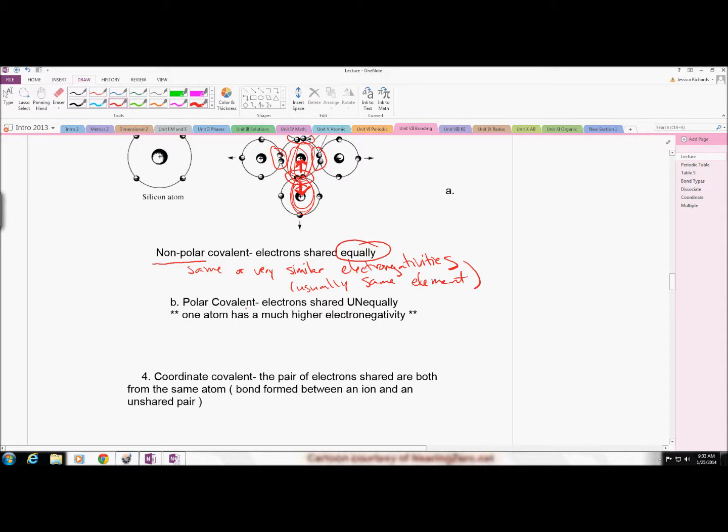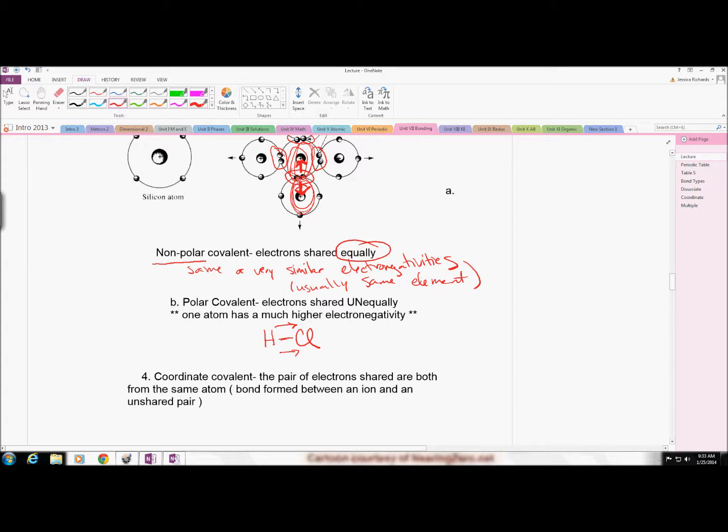Your other choice is to have a polar covalent bond, where the electrons are shared unequally. So if I pair chlorine and hydrogen, the chlorine will pull on the electrons much more than the hydrogen will because it has a higher electronegativity, and it will share unevenly. The electrons will spend more time with chlorine than with the hydrogen.